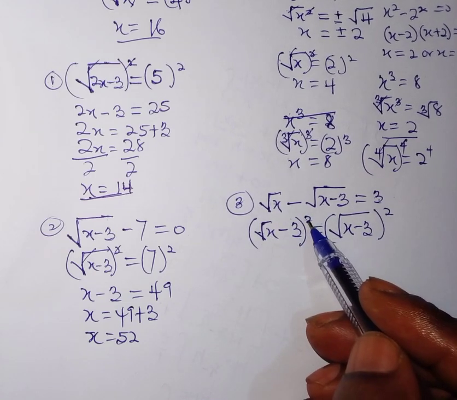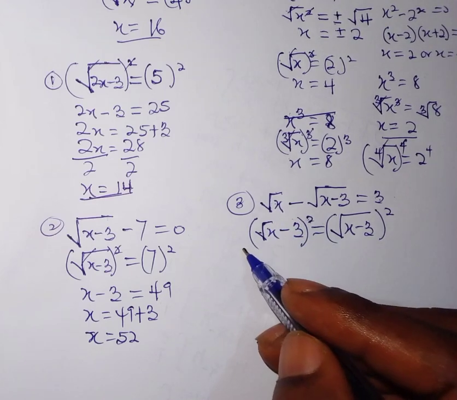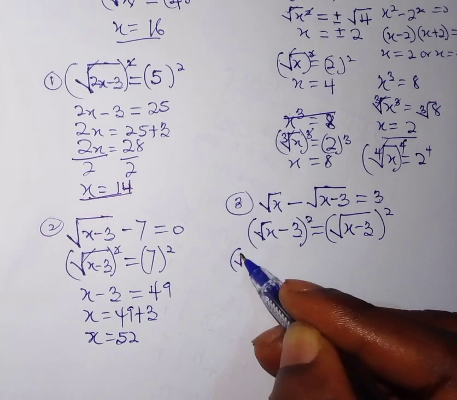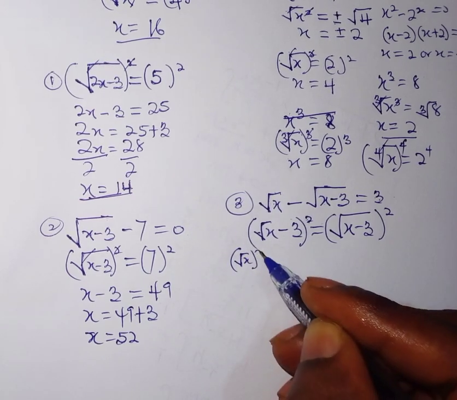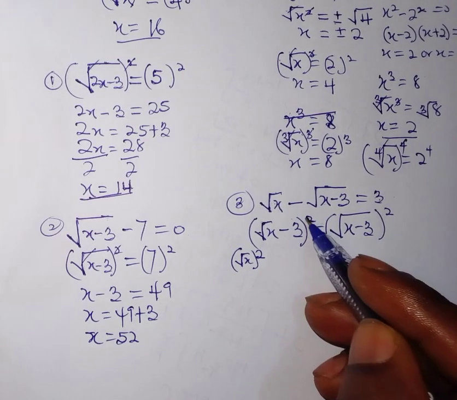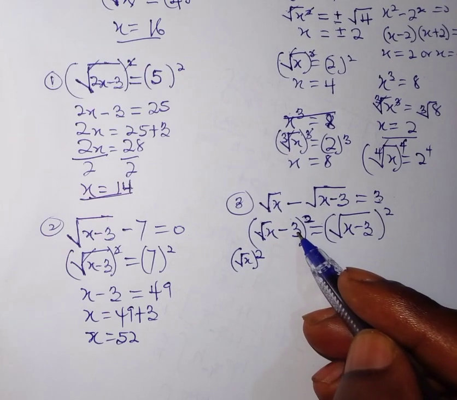If you are opening the bracket, I said we always use the short trick that we can use. So what we do is we square the first term, the whole of the first term, and we take this as a whole. You take the exponent as a whole and multiply by this term, and at the same time by this term.